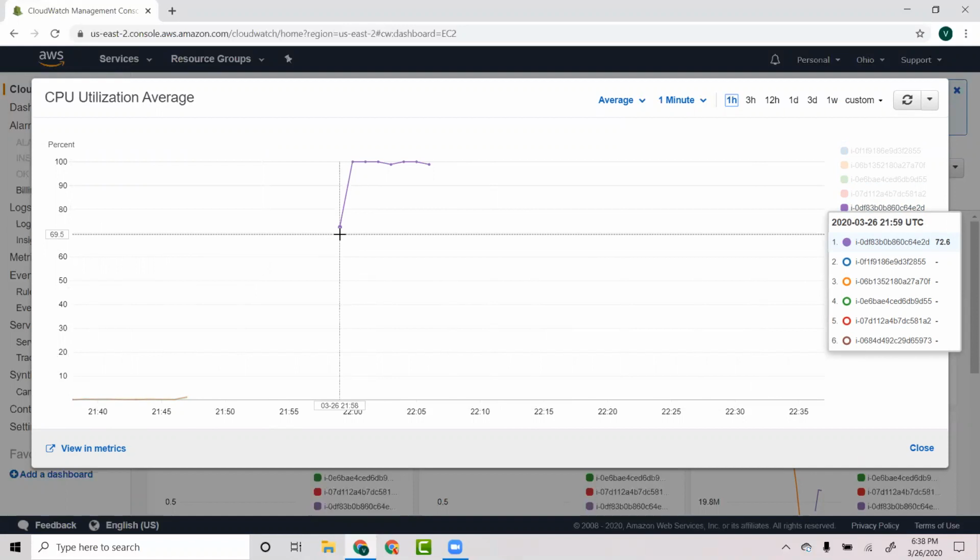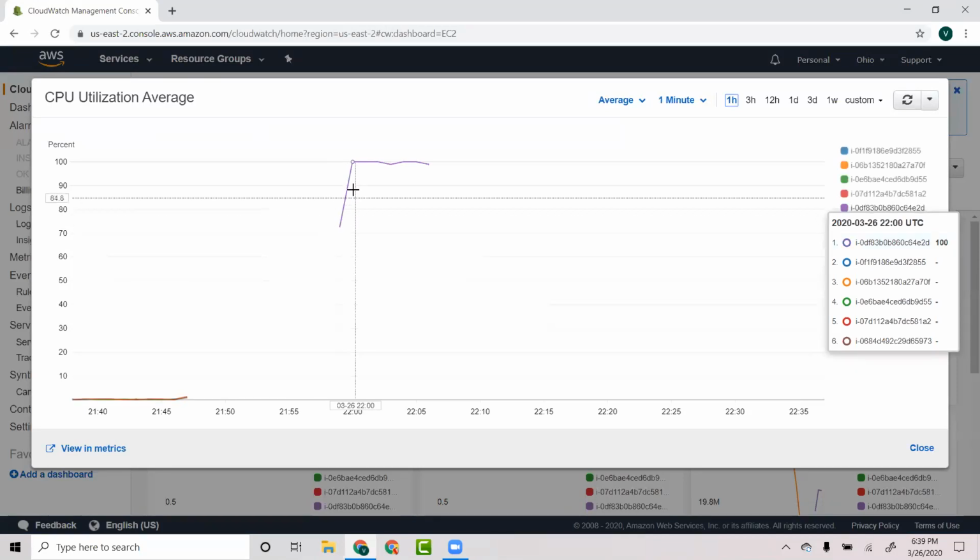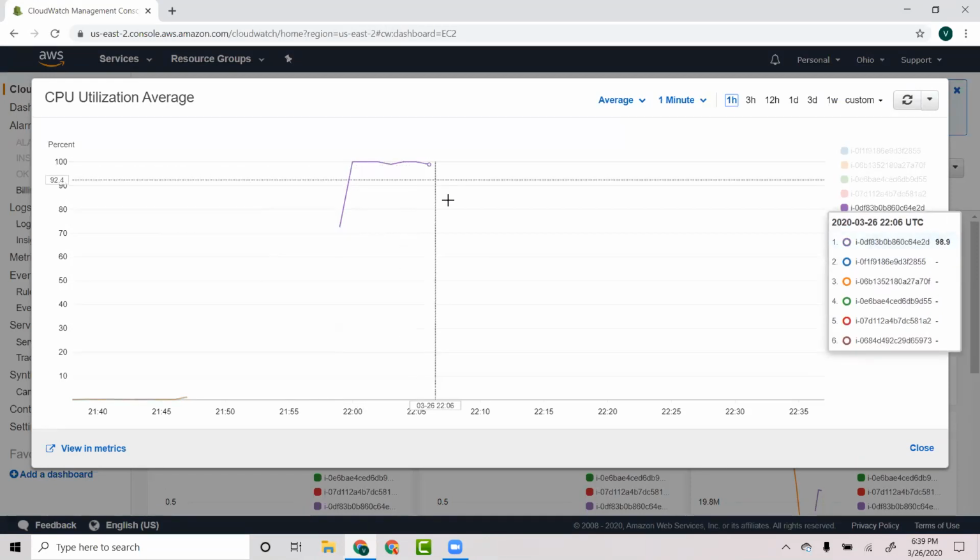By the way, this time zone is UTC, that's the default time zone. At 21:58 it's about 69.5 percent CPU utilization, and then it went up to 70 in the next 1 minute. And then at 22:01, in the next 1 minute, it stayed 100%, stayed 100%. It's slowly coming down, etc.